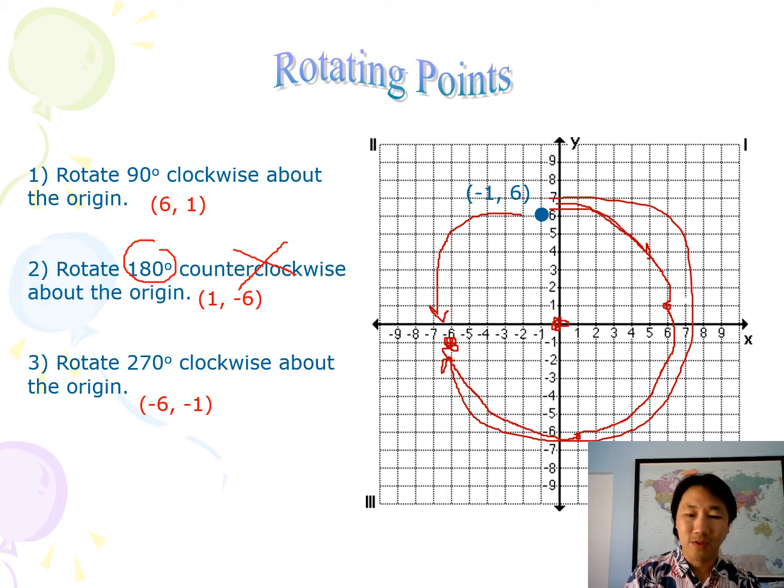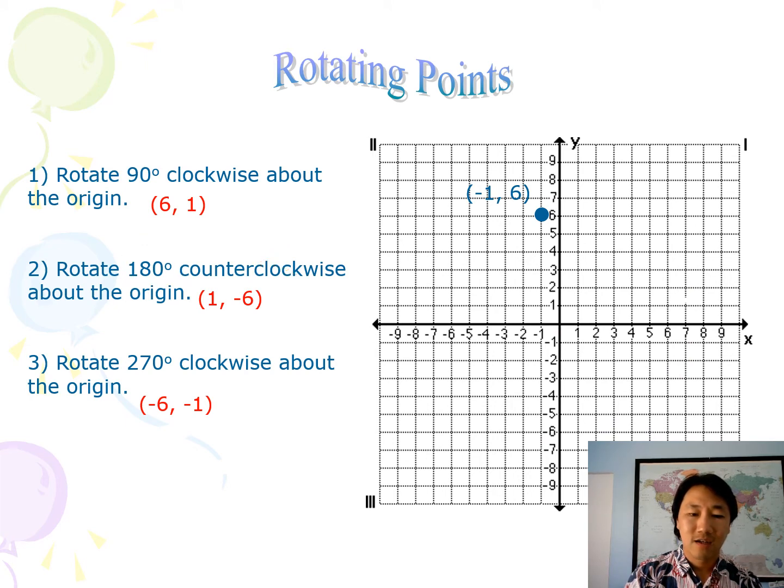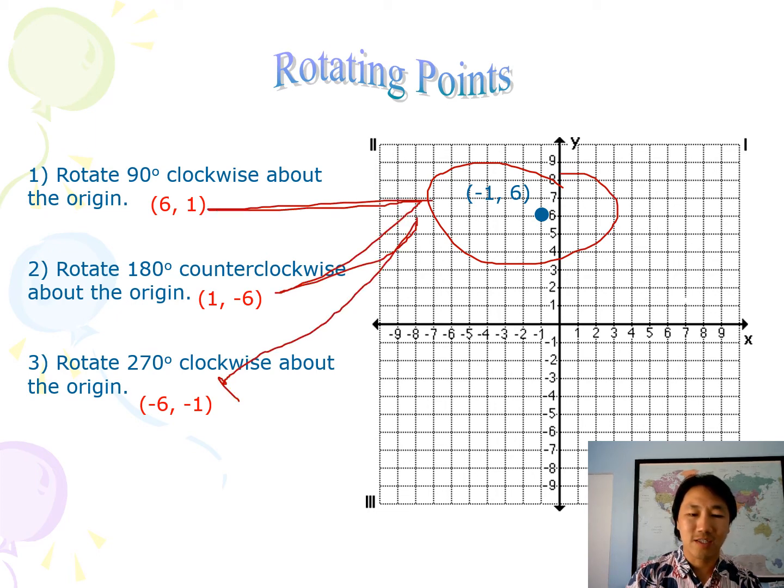For example, if you look, our original point is -1, 6, but all of our answers are very similar variations of the original point, and we do have rules for each one.